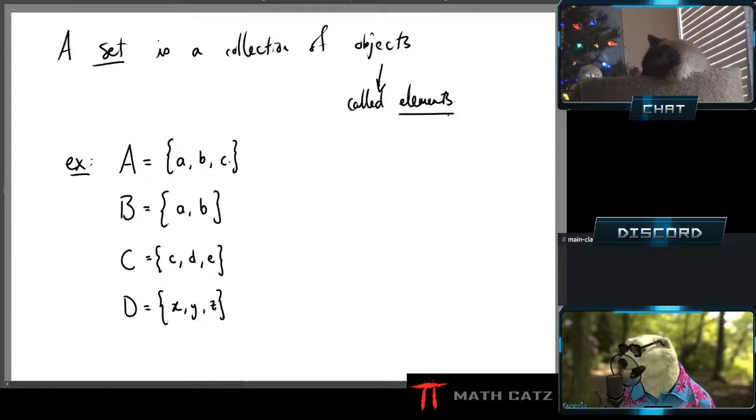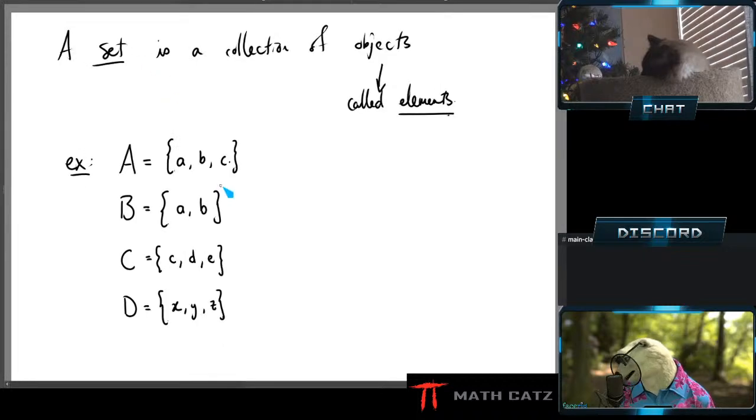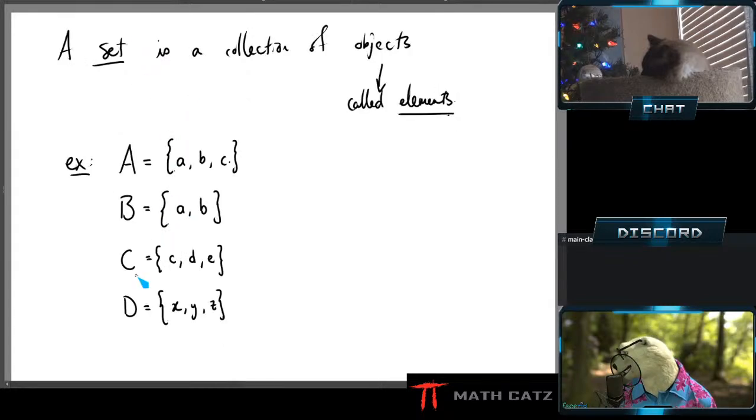So I'm making a new set. Let's assume that's a curly bracket and move on. So this new set is going to contain everything that A contains. So little a, little b, little c, that's what A contributes. Or the elements in my new set could also come from the second one, C. Set C has little c, little d, little e.